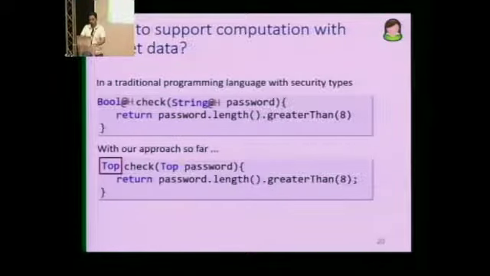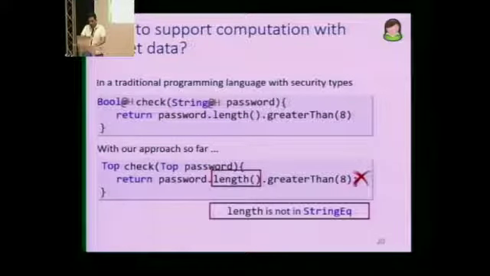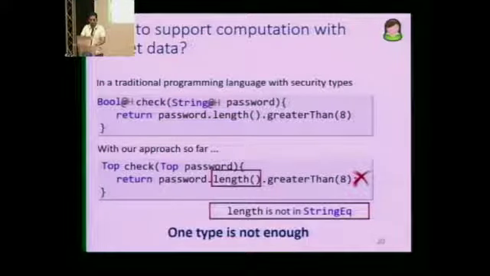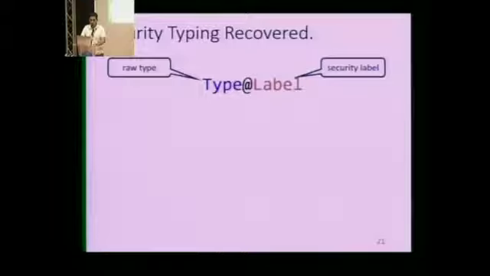By doing that, we do not have a way to distinguish that we are going to return a Boolean and that we are going to receive a string. Even worse, the len method does not make sense here because it's just a standard type error. So the conclusion is that one type is not enough for this idea, so we need security types in fact.